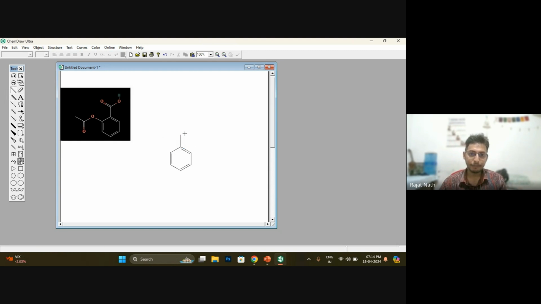So I need a bond from this single bond. I have to click on this blue dot and click and move. See, it is moving. So I need a bond like that. Another bond I need on that side. Another I need there, a double bond.